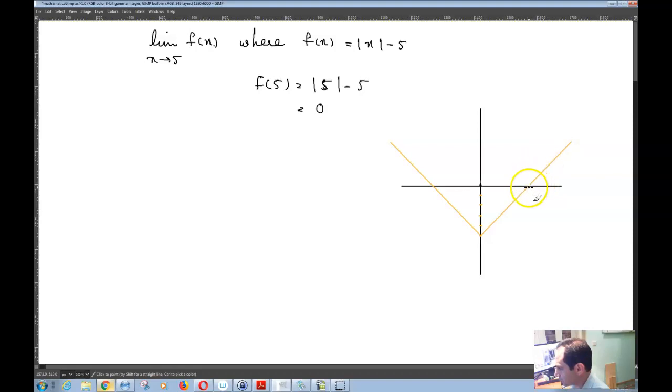Now approaching 5 from the right or left, the function is tending towards this point, which is 5 comma 0, and so the limit of f of x as x tends to 5 is equal to 0.